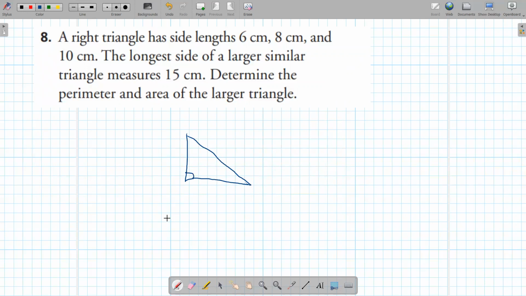Which side is 6, which side is 8, and which side is 10? Any ideas? It's going to be in this triangle first. We're trying to label 6, 8, and 10 on this triangle.